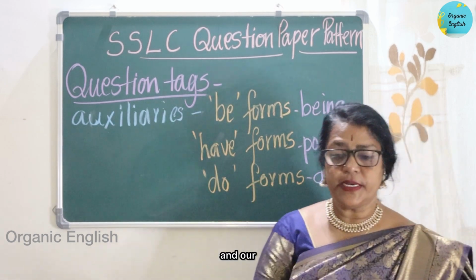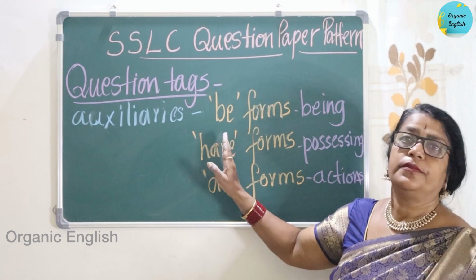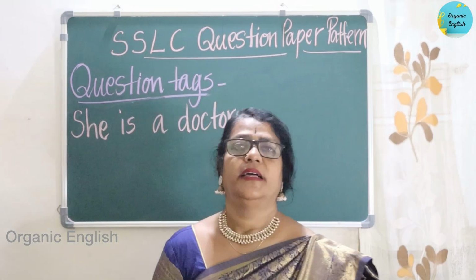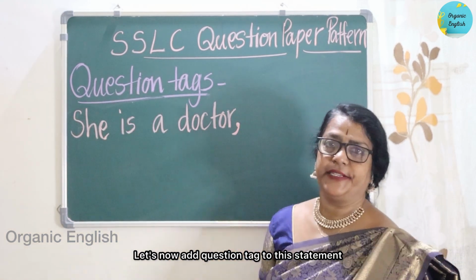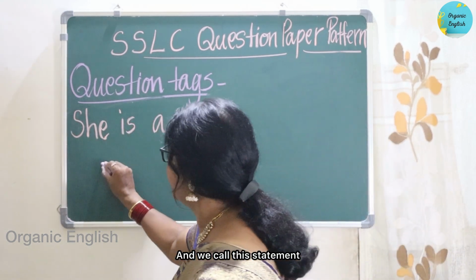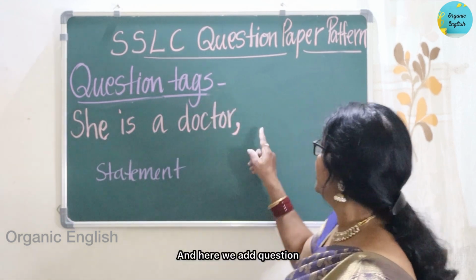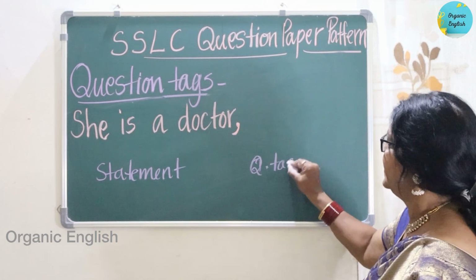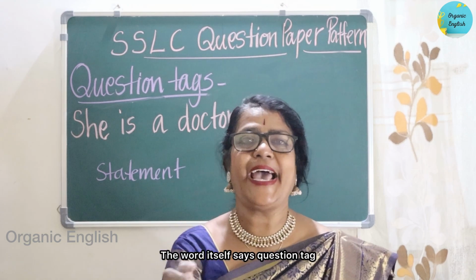And our step is to add a question tag to a statement. Let's now add a question tag to this statement, and we call this the statement. And here we add the question tag. The word itself says question tag.